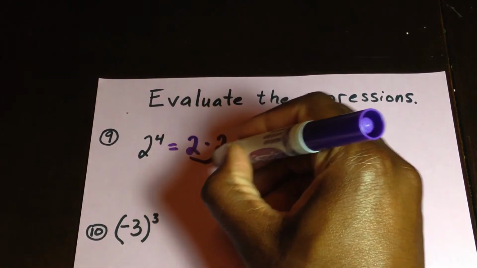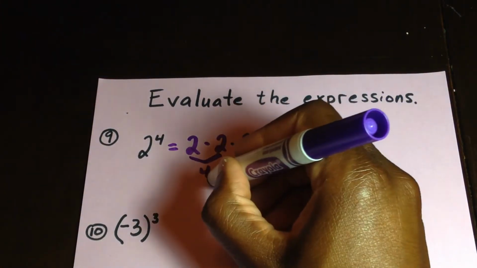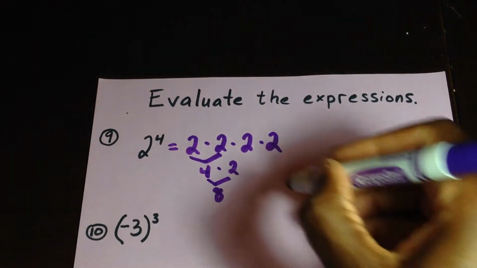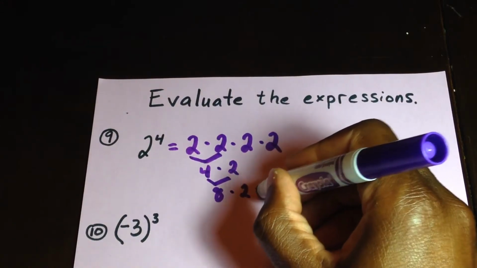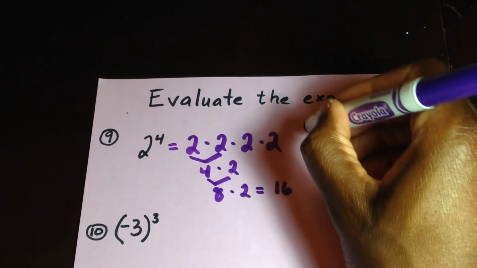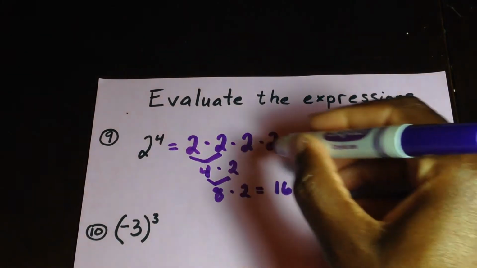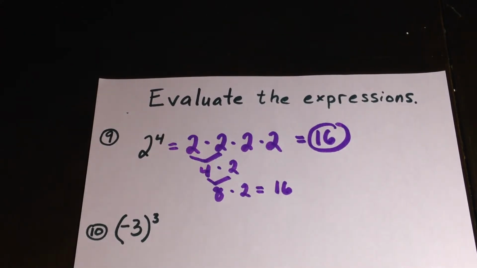So it'll be 2 times 2, which is 4, multiplied to the next 2, so that'll be 4 times 2, which is equal to 8, multiply it to the last 2 that's here, and 8 times 2 is 16. So when I evaluate the expression 2 to the 4th power, I get 16. And that's in standard form.